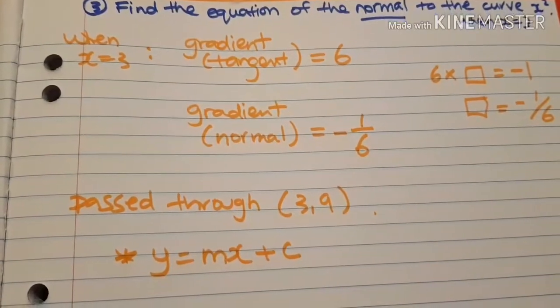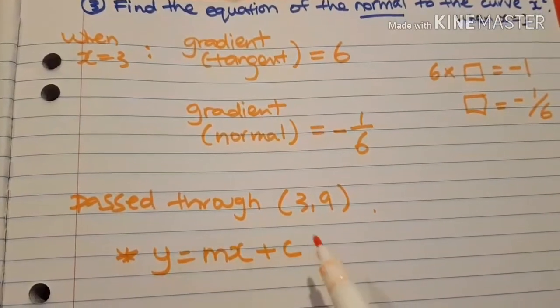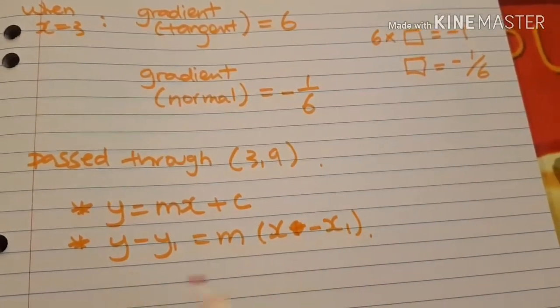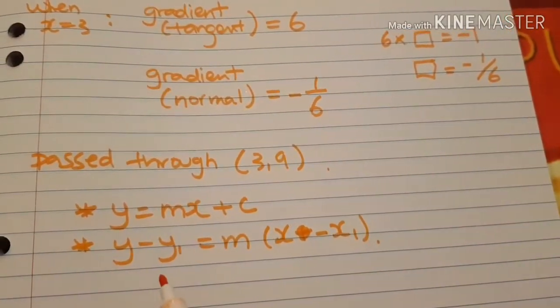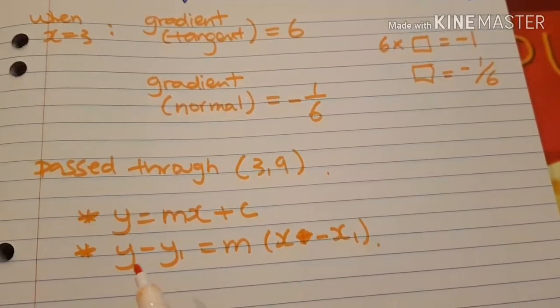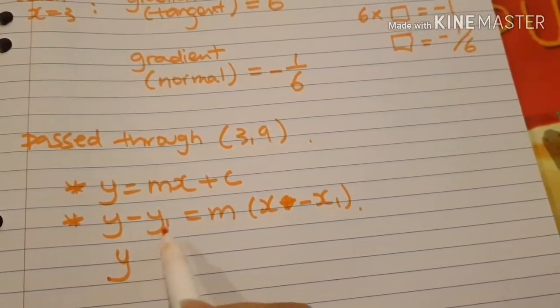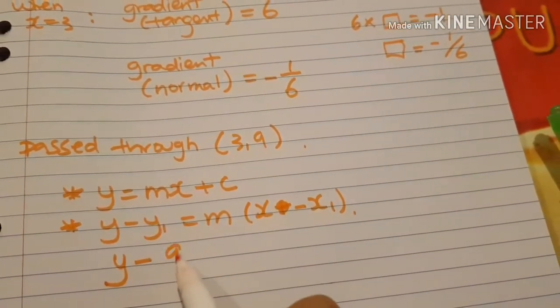You can use either of the equations, but this time I'll have a go at using the second one, because some people are not really familiar with this second equation. So I'll have a go with this one. I'm going to write y as it is. My y1 is what? 9.